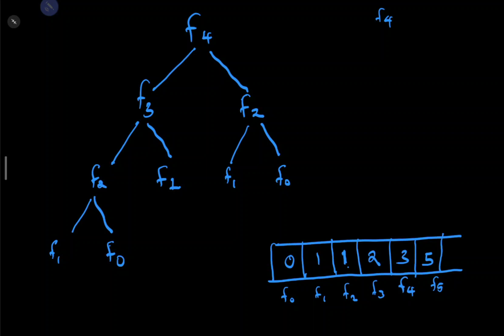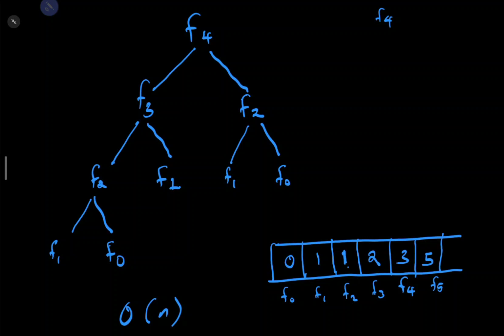And the complexity of this, when we use dynamic programming, is O of n. That's because we are storing items in a table. Supposing we were not storing any of these items in a table, if we were to compute F5, we would have to start computing from F0 all over again, and this would make computing the Fibonacci sequence expensive.